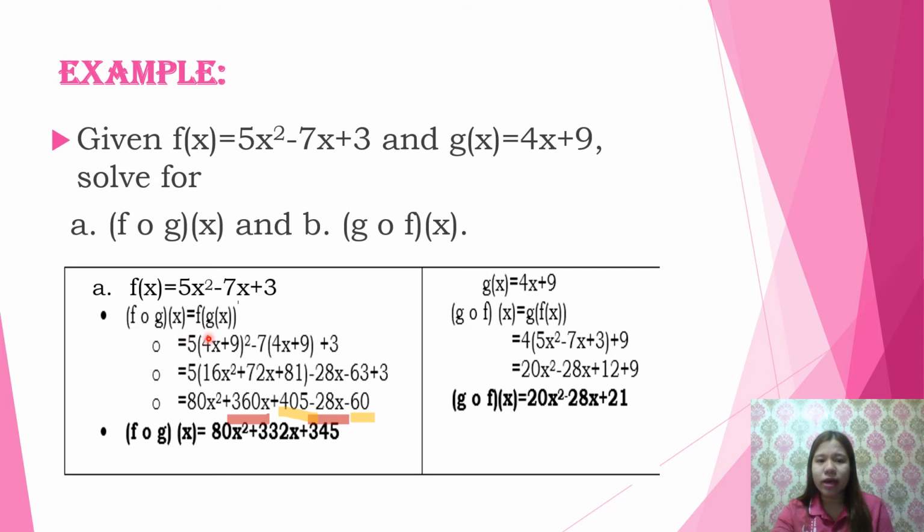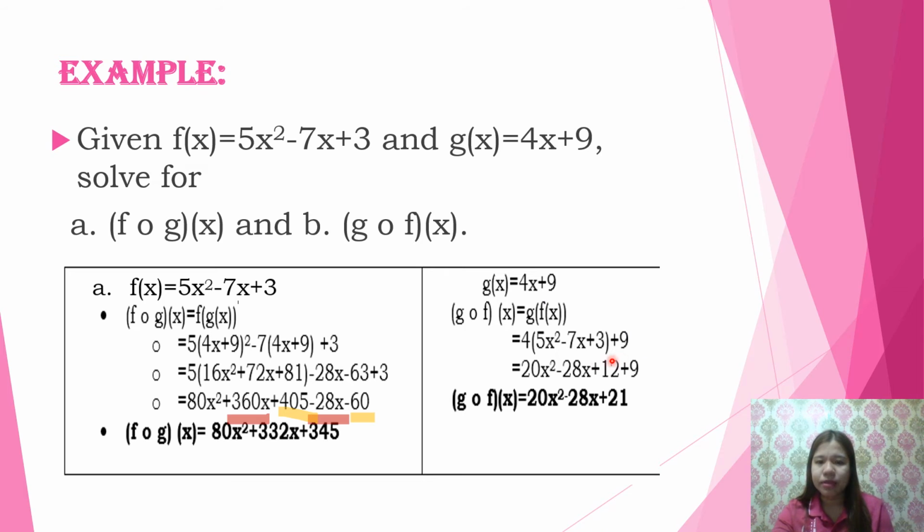Kung f of g of x ang hinahanap, isusulat yung equation ng buong f, yung x papalitan ng g of x na value. Kung g of f of x naman ang hinahanap, ang g of x ang mauuna, isulat yung pinaka-equation, and then ang x ay papalitan ng value ng f of x. So the value of f of x is 5x squared minus 7x plus 3.